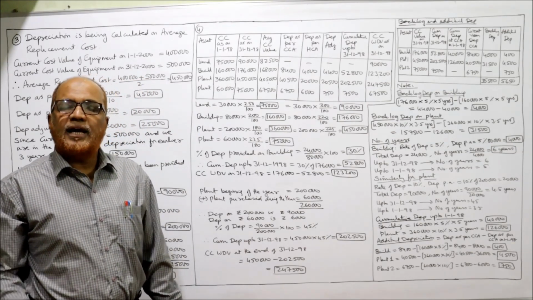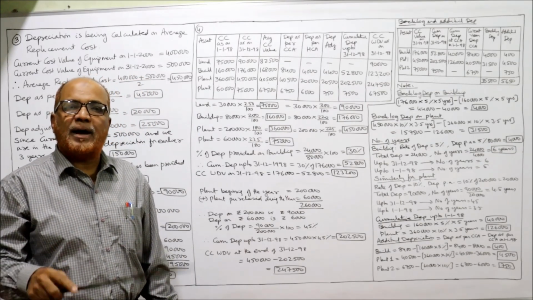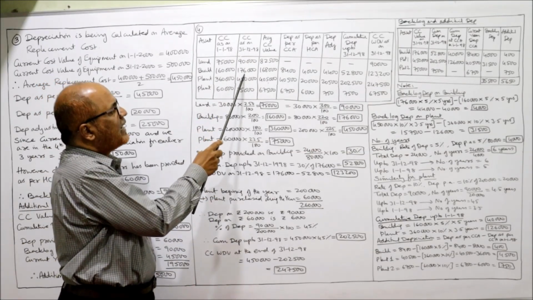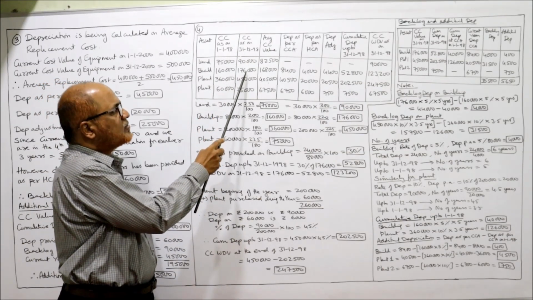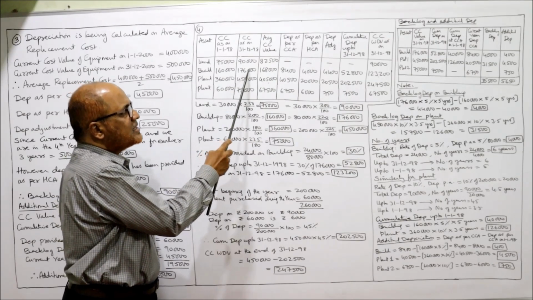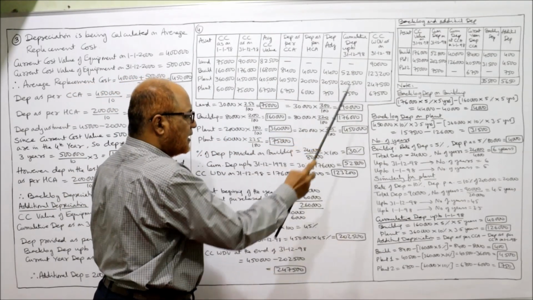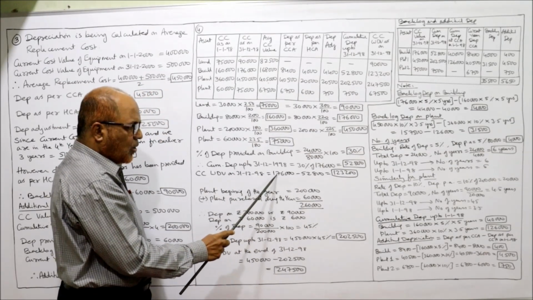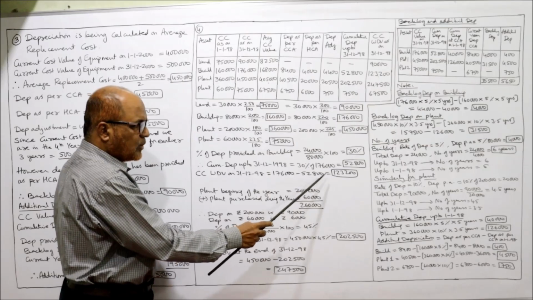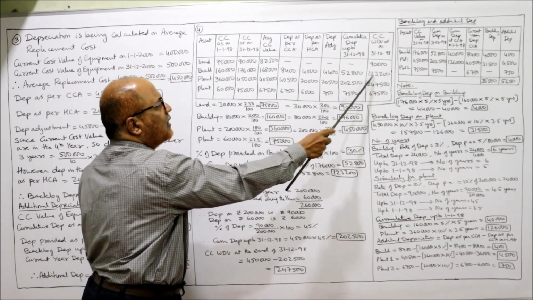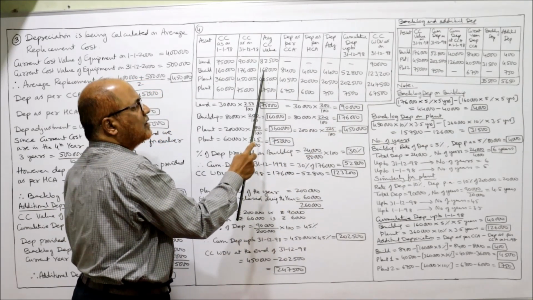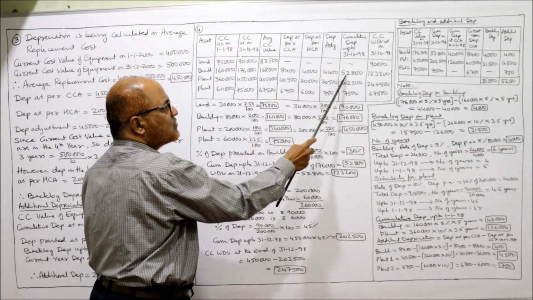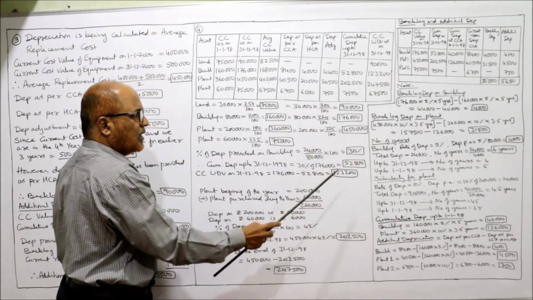Very simple: take the current cost at the end of the year minus cumulative depreciation. 1,76,000 minus 52,800 gives 1,23,200.